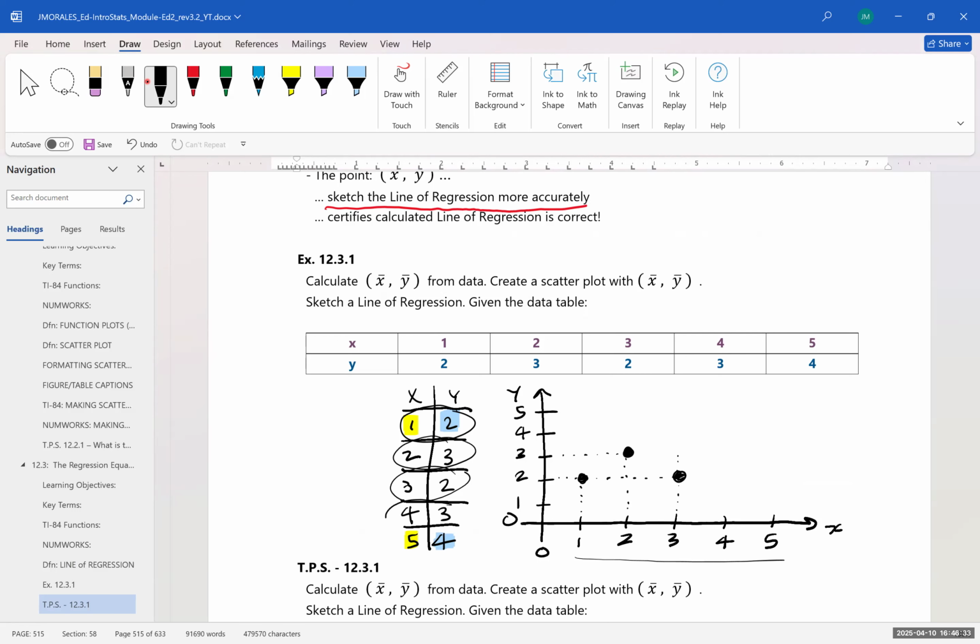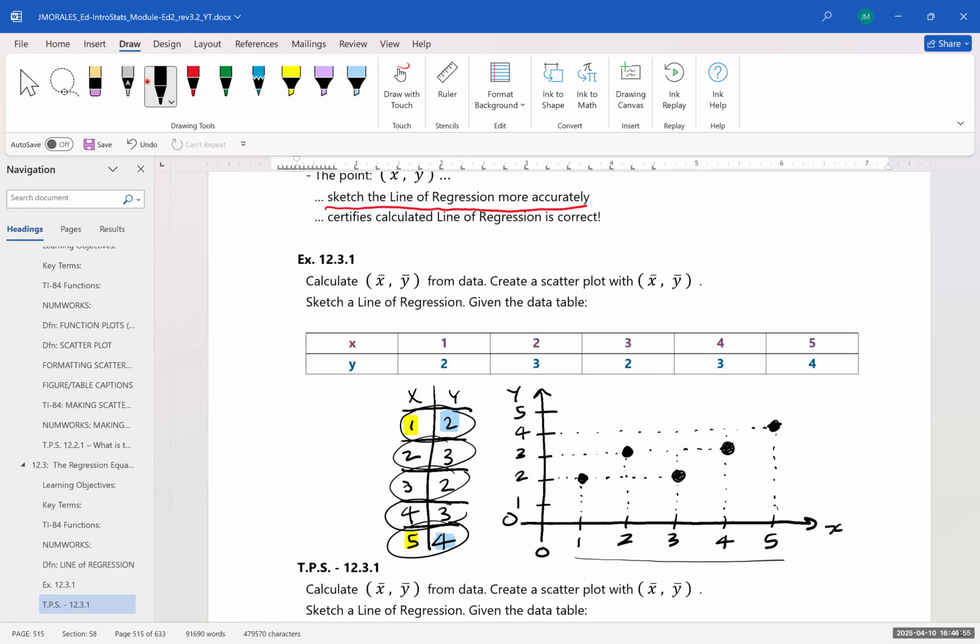I've got the point 4, 3. 4 on the x, 3 on the y. And I've got the point 5, 4. So 5 on the x, 4 on the y. All right, not too shabby.